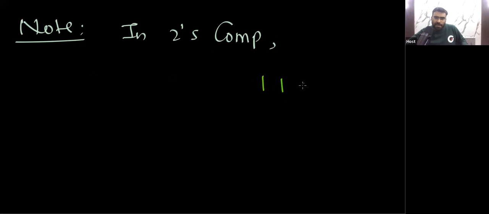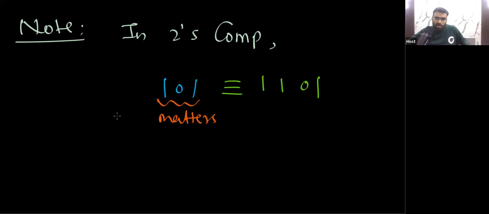For example, if you have this value, the leading ones will not matter. Of course, this one will matter, but the remaining ones will not. Only this matters.